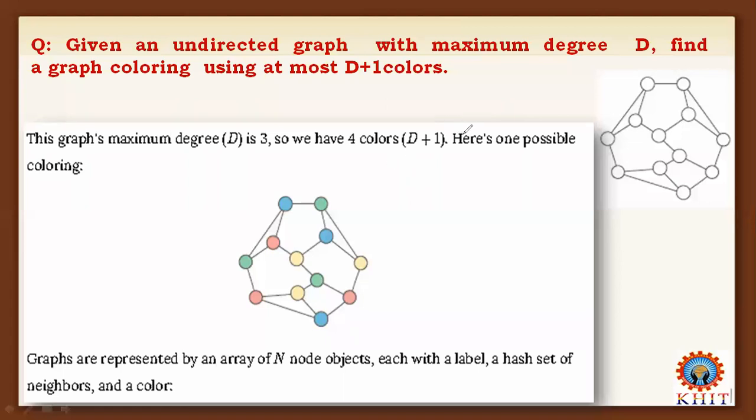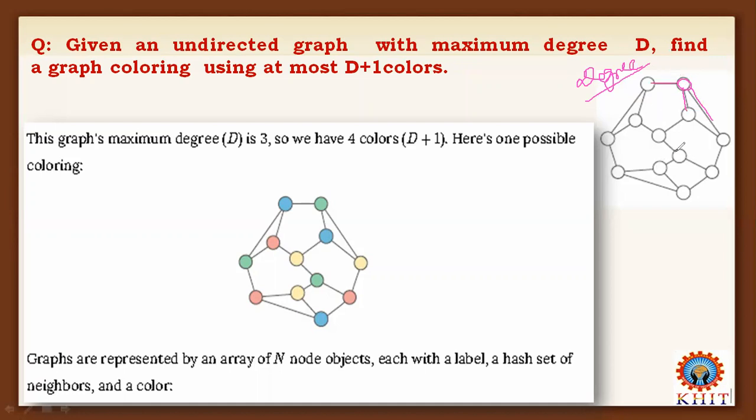Now let me calculate the degree of the given graph. Let me take a single vertex. From the given vertex, how many outs are there? This is one out, this is the second out, this is the third out.